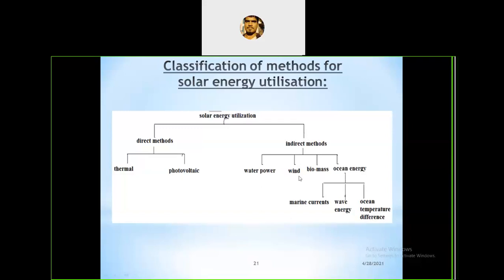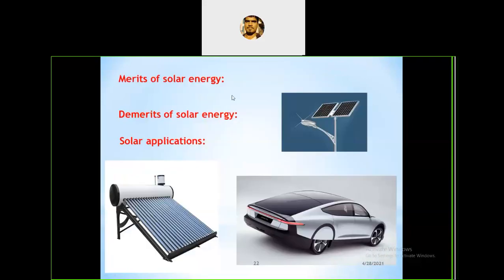It is also an indirect form of solar energy. Marine current, wave energy, and ocean temperature difference are all indirect. The only direct ones are thermal and photovoltaic, where we directly get the energy. Indirect means it first changes into some other form and then we get the energy. That is the indirect method. So this is the classification of solar energy.